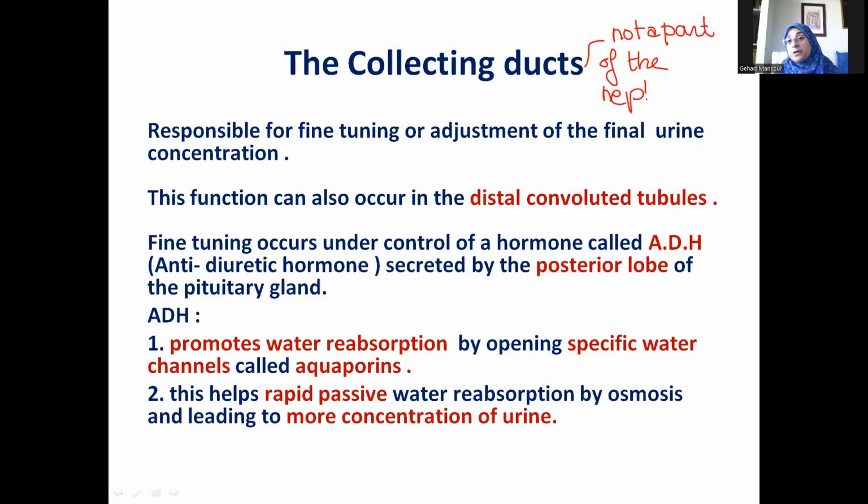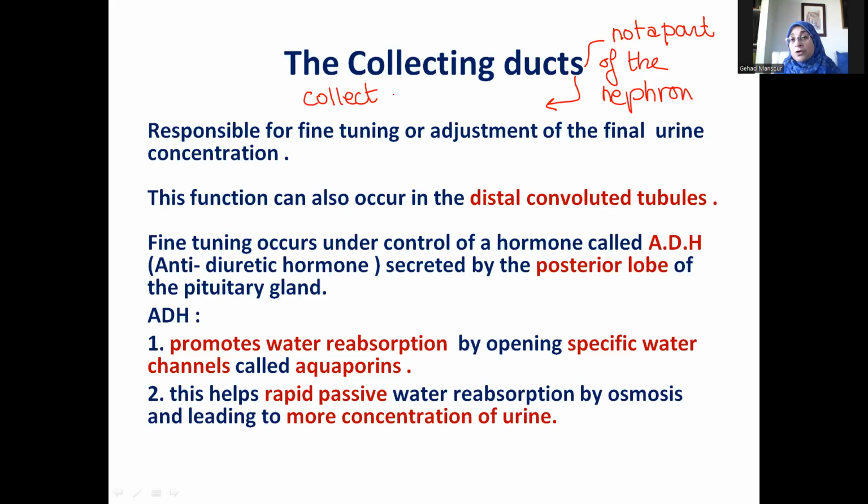The second piece of information that you have to know about the collecting ducts is that they do not receive, actually we do not say receive, because they do not receive from one nephron. We had better say they collect, because when you say collect, you remind yourself that it takes from many nephrons.